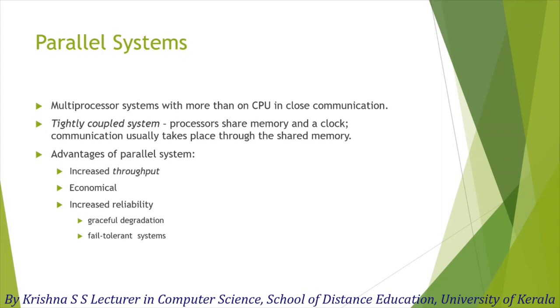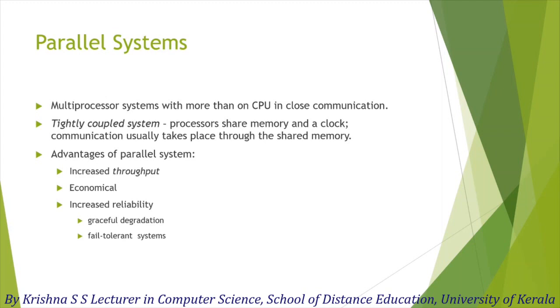In increased reliability, we have two terms that should be noted, that is graceful degradation and fault tolerant system. Graceful degradation: imagine that we are running 10 machines working together as a distributed system, and if one of the systems fails, the work of that system will be taken care of by the remaining 9 machines.